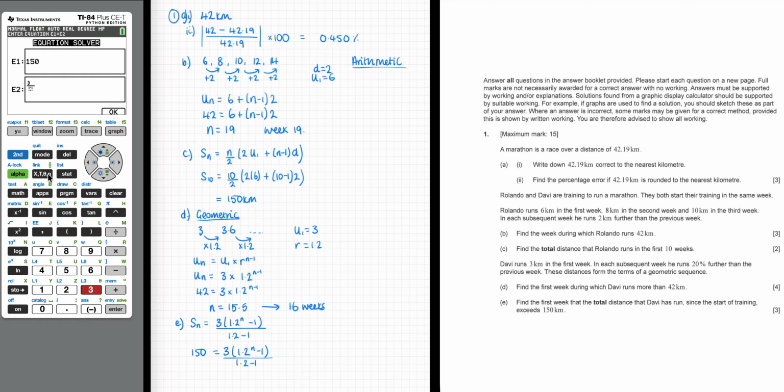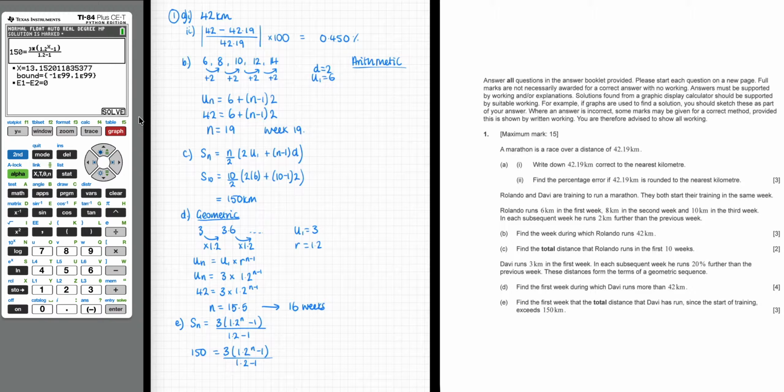So 3 times 1.2 to the power of x, this is what I'm trying to find, minus 1, and then it's over 1.2 minus 1. And I can see there that it's 13.15, so 13.2.